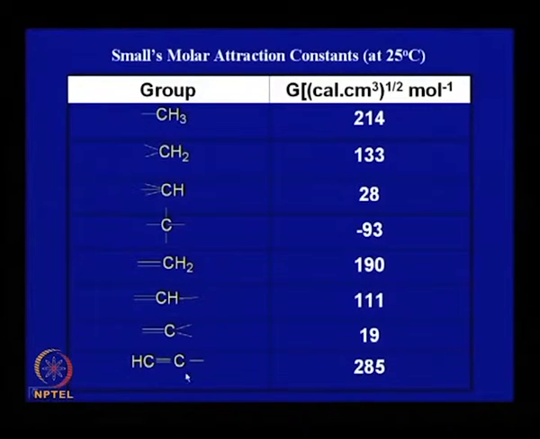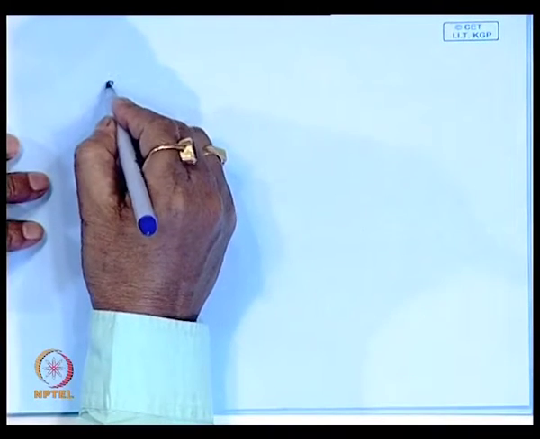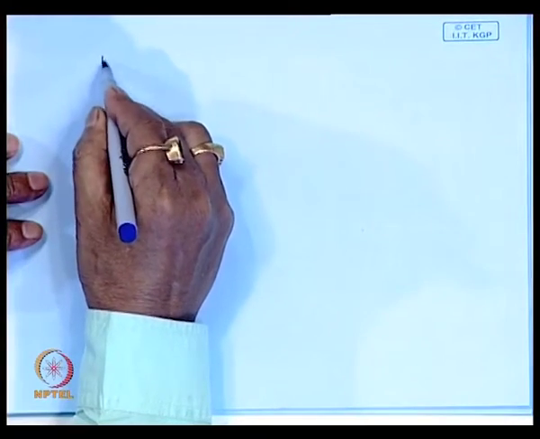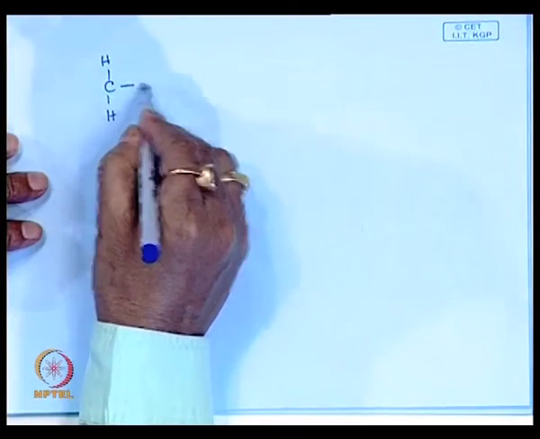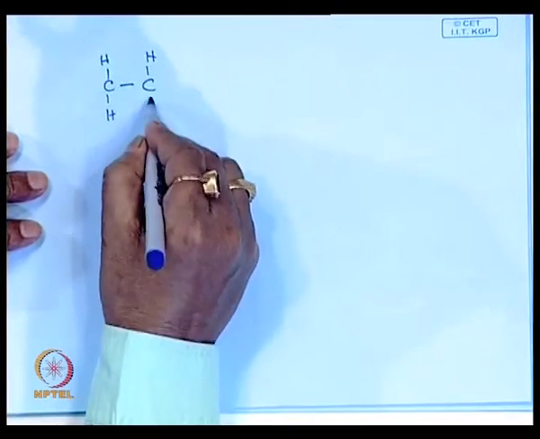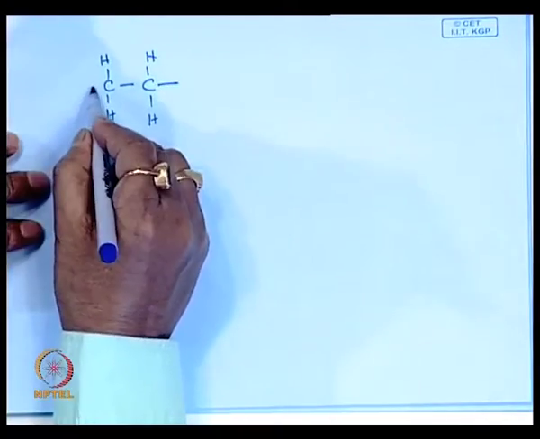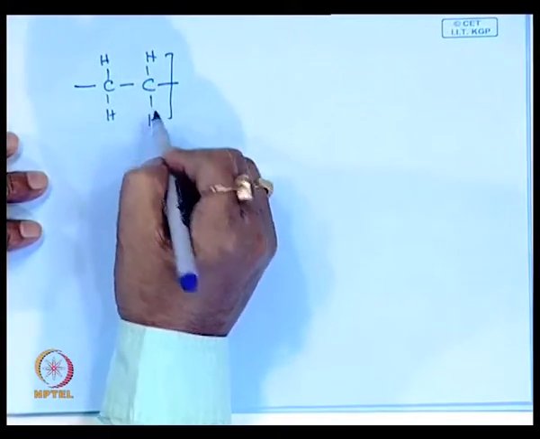So, you can correlate this with the bond energies. Suppose you take a polymer, say this polymer, and you are asked to calculate these G values.